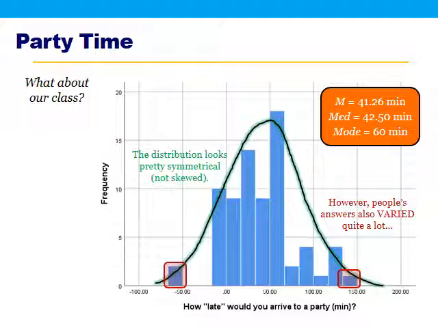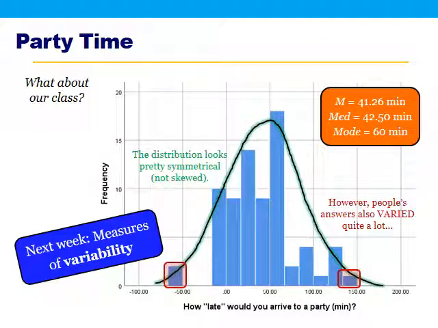In addition to knowing the average person, when we're doing statistics, we also need to know something about how spread out the scores are. Or in statistics terms, we call that variability. We could easily have a distribution where all the scores are very similar and a distribution where all the scores are very different, but the average is the same, right?